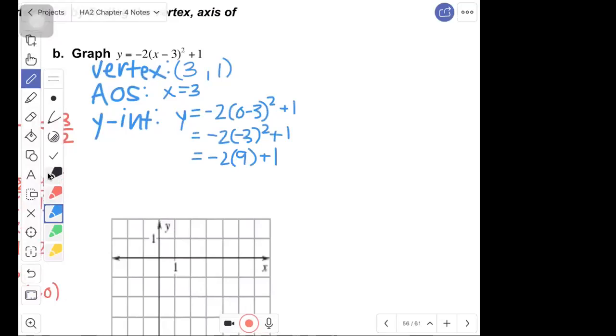So we get -2 times +9. Negative 2 times 9 is negative 18. And then we're adding 1. Oh, sorry. Negative 17. Little adding mistake. Good. So we have 0, negative 17.